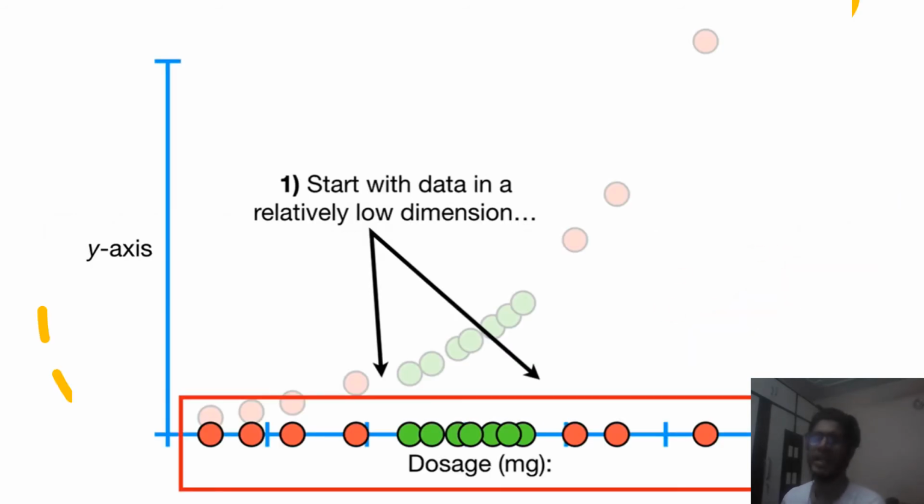So now the main idea behind support vector classifiers is, we start with data that is relatively in low dimension, and then we convert it into higher dimensions if we cannot find a suitable hyperplane for it. So in this example, let's say we have this data, right?